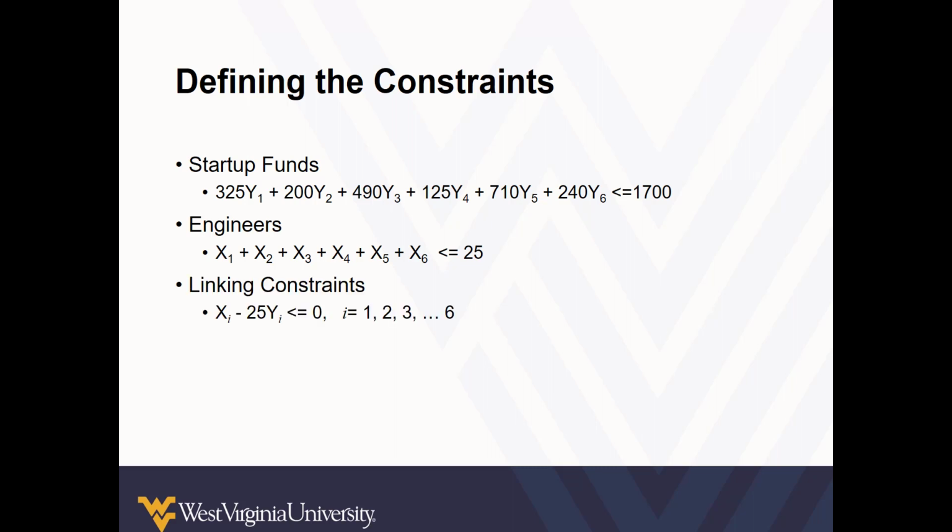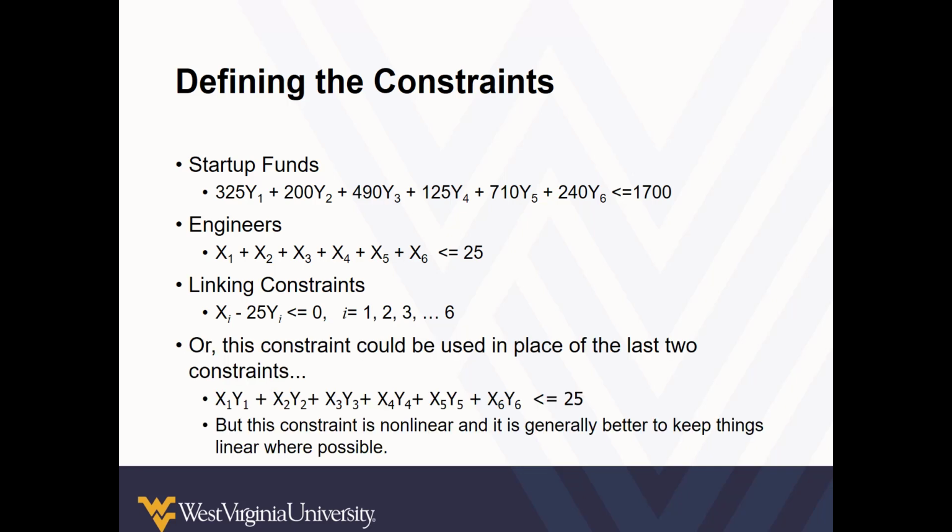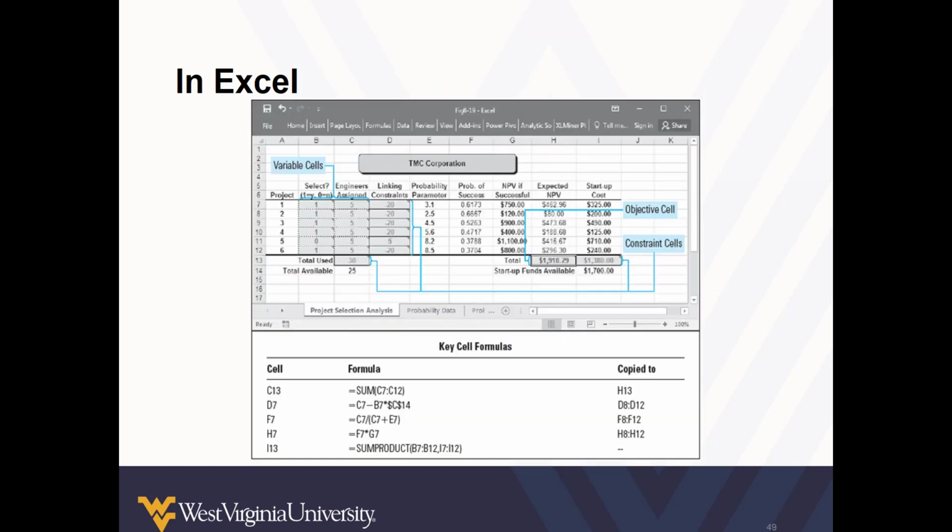In the linking constraint, we ensure X can only be greater than 0 if Y is selected. Or instead of the previous set of constraints on the number of engineers, we could just use the single nonlinear constraint, the 4th equation on the slide. However, when given the choice between linear and nonlinear constraints, for ease of replication and calculation, always go linear.